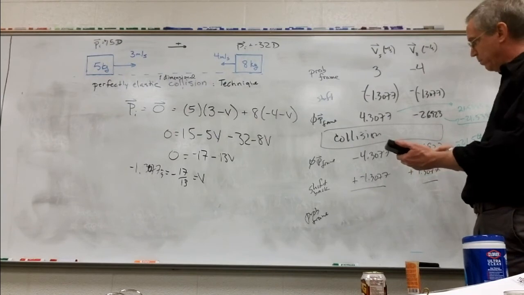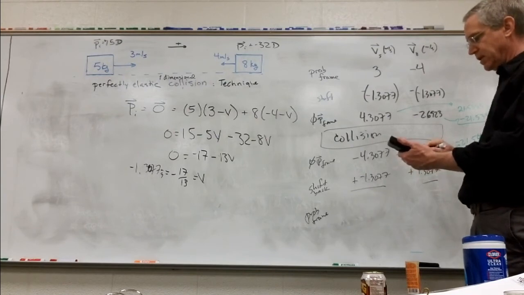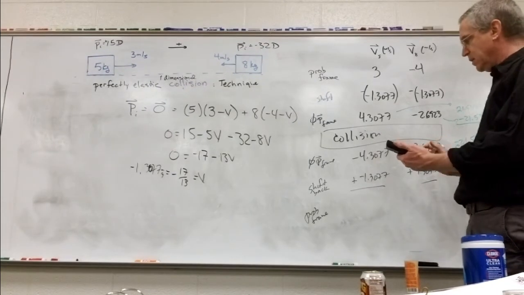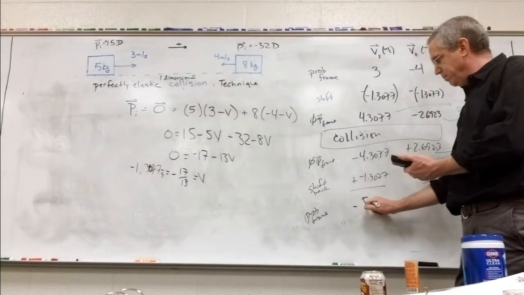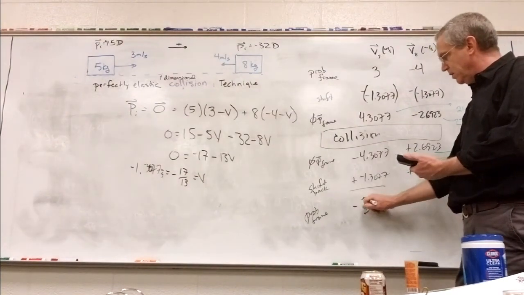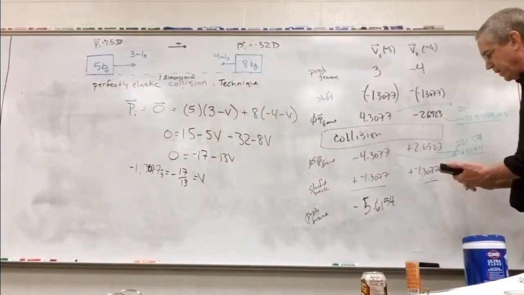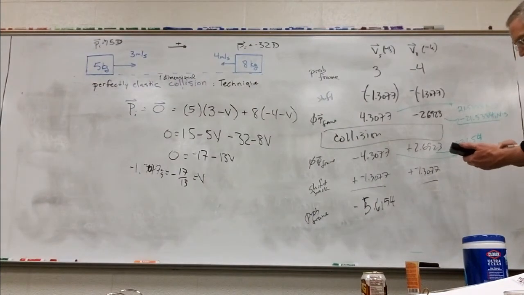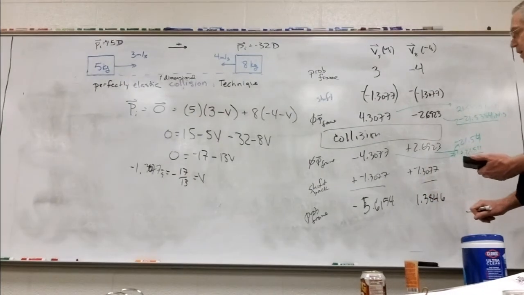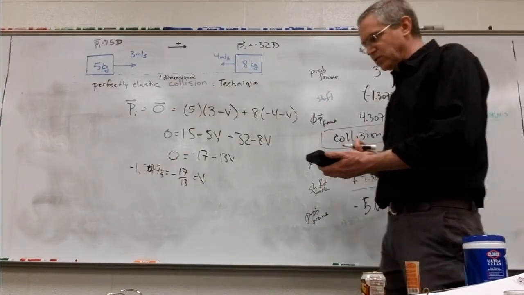And so 4.3077 negative, enter, 1.3077 minus, and I get negative 5.6154, and over here, 2.6923, 1.3077 minus, and I get 1.3846. And those should be the same answers as we had before.